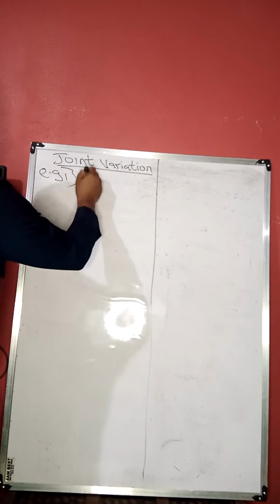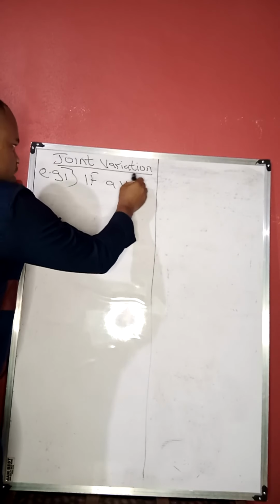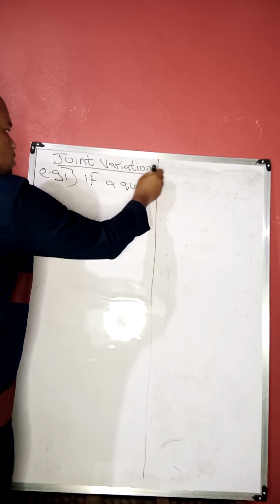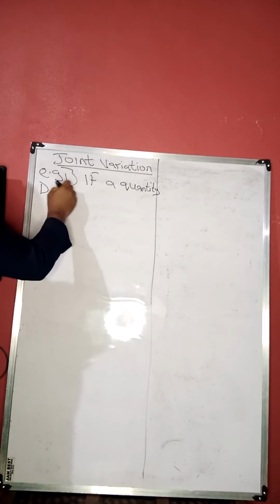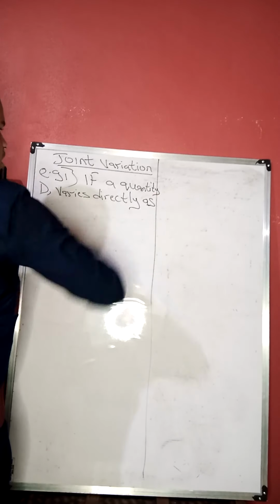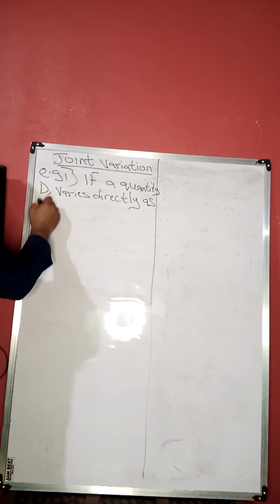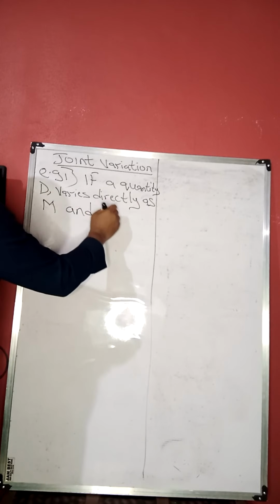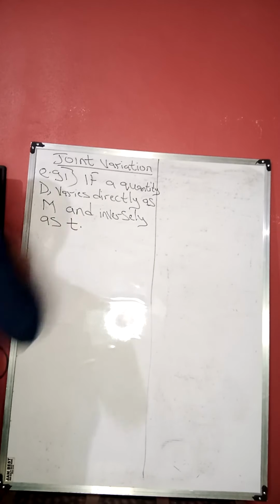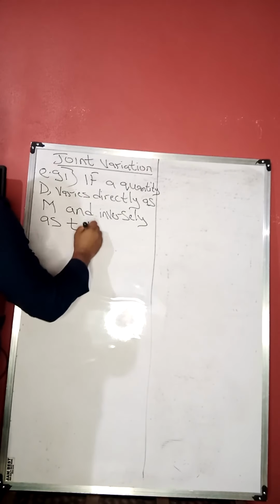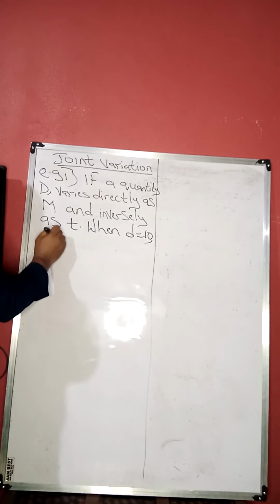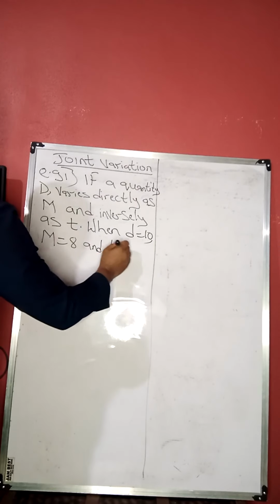Example 1. If a quantity D varies directly as another quantity M, and inversely as T. When D is equal to 10, M is equal to 8, and T is equal to 5.